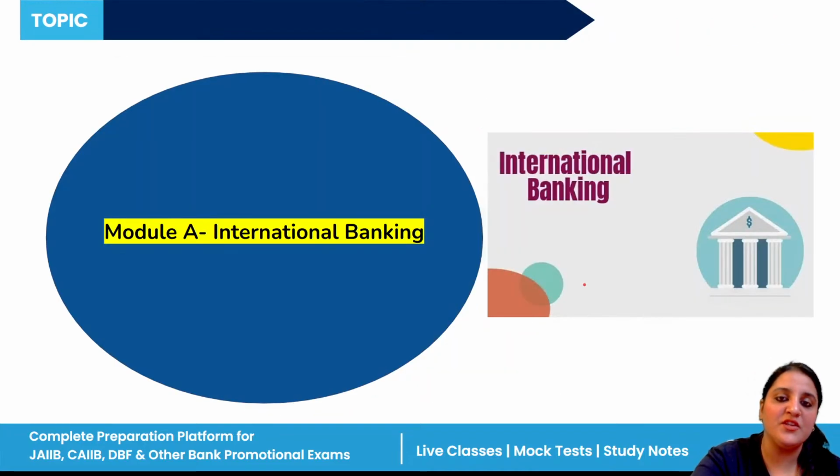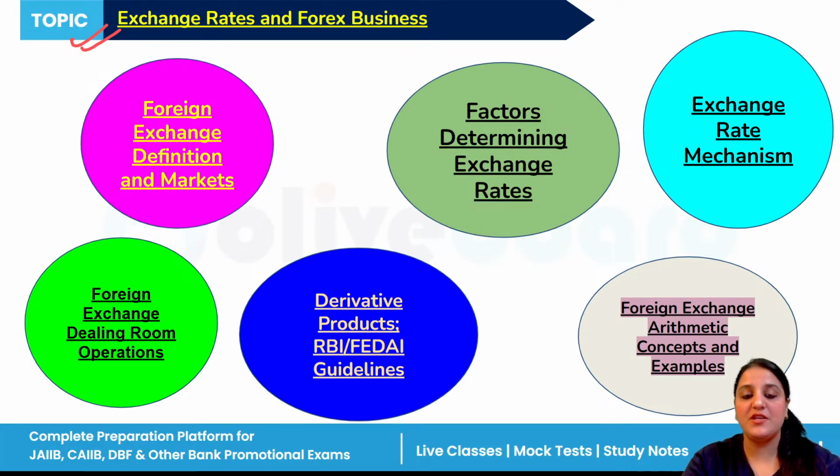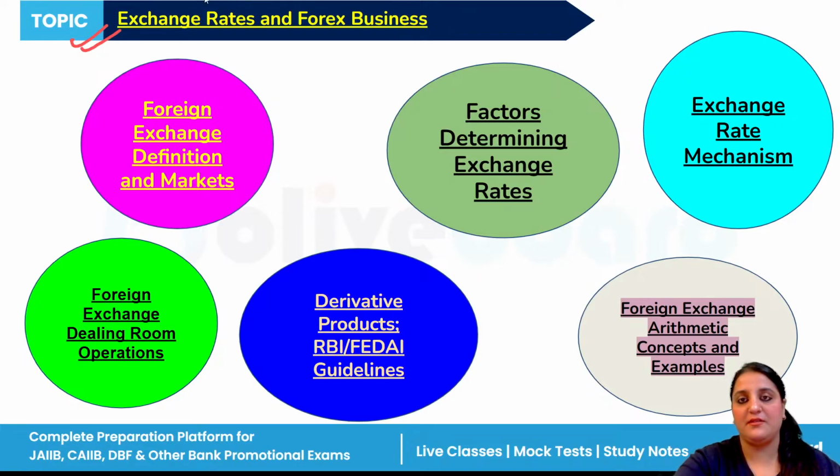So let's discuss Module A, international banking, and the first chapter is exchange rates and forex business. See, if I talk about exchange rates and forex business, in this we are going to learn different types of concepts.